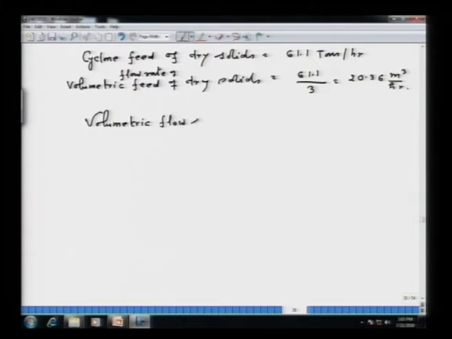So, the volumetric flow rate of water will be 64 upon 36, which is the dilution ratio, multiplied by 61.1 and divided by 1, because 1 ton per meter cube is the density of water. So, we get the volumetric flow rate.